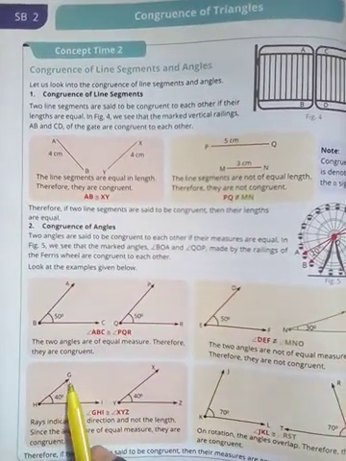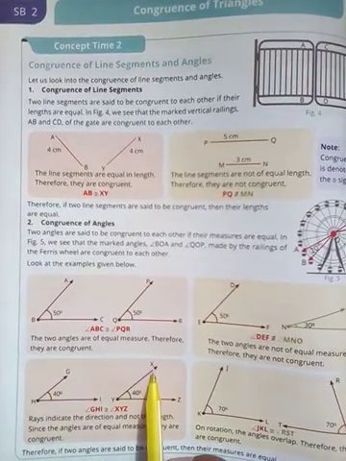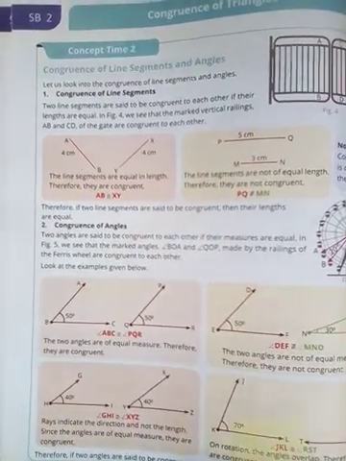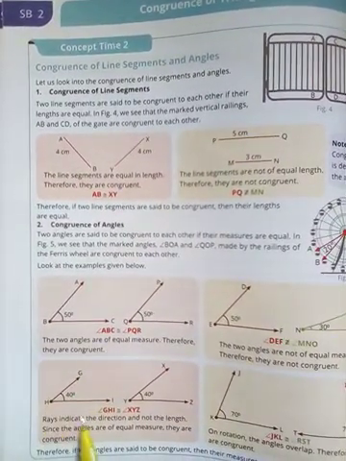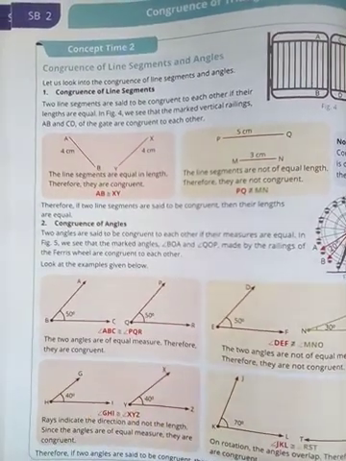Here angle GHI is 40 degrees and angle XYZ is also 40 degrees. It means angle GHI is congruent to angle XYZ.